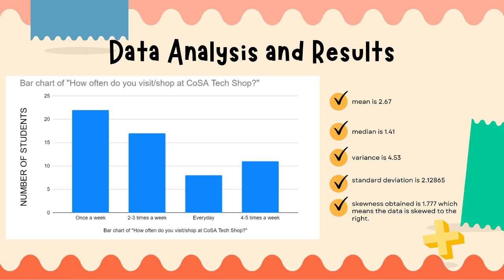The standard deviation is 2.13, and the skewness is 1.78, suggesting that the data is skewed to the right. And this is based on data collected from 58 students in total. These statistics provide insights into student behavior and are illustrated in the bar chart shown on the screen.